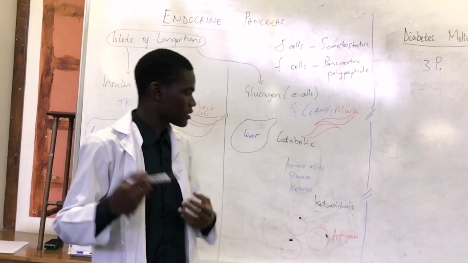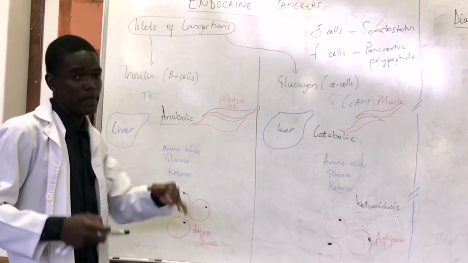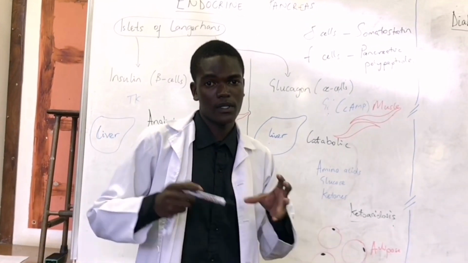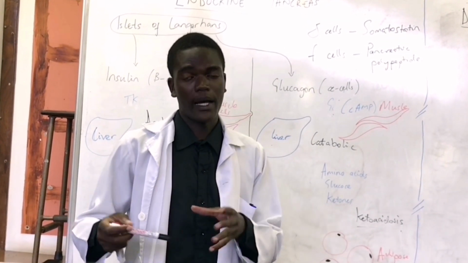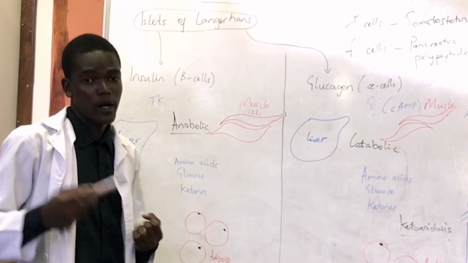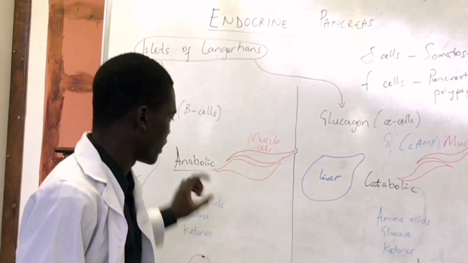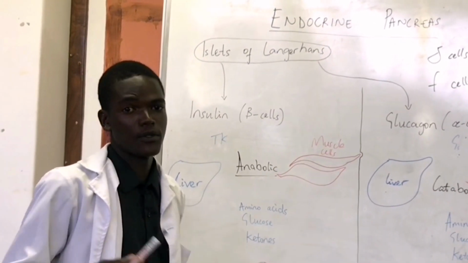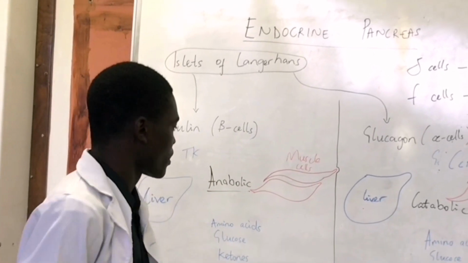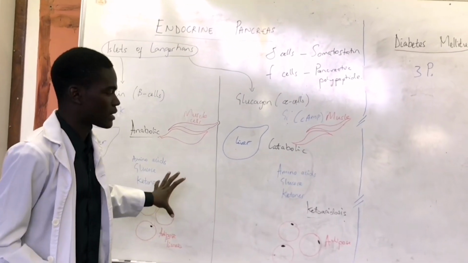In fact, it is under the control of the concentration of substrates or metabolites in the blood. When we have elevated glucose levels, we're going to have an increase in insulin secretion. When you have elevated amino acid levels, we're going to have an increase in secretion of insulin. When you have elevated ketone levels, we're going to have an increase too.